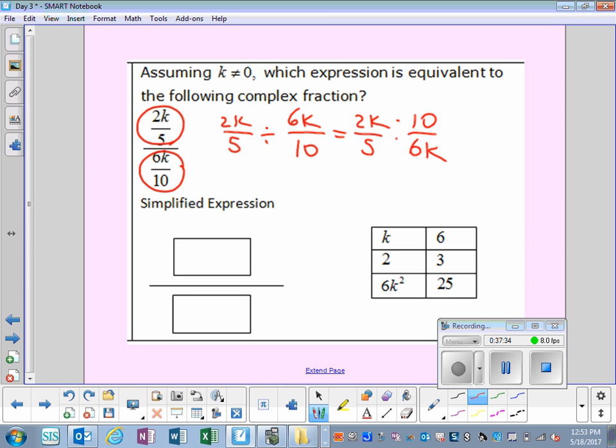Multiplying fractions is just multiplying numerators and denominators. 2 times 10 is 20, k. 5 times 6 is 30, k. K and k cancel out. 20 over 30 is the same as what? 2 over 3. What about the k? Oh, yeah, k cancelled out. Questions?